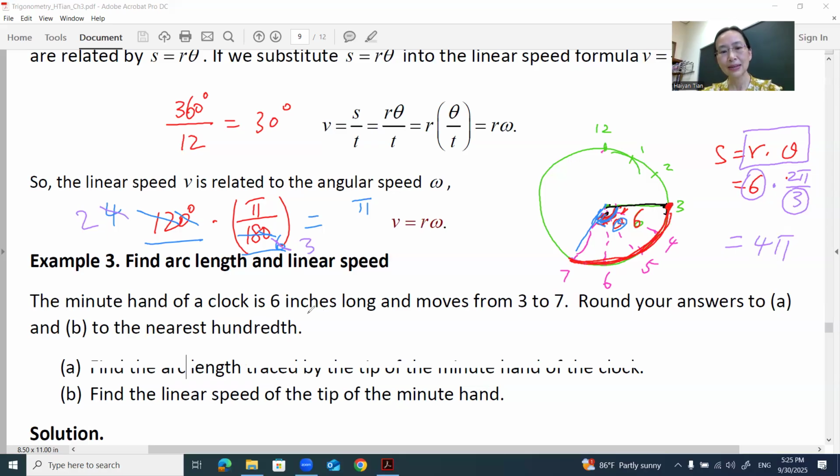4 pi, what is the unit? In inches, right? We can put 4 pi inches. Of course, if you want to know the exact number value, then you can use 3.14 for pi to get the approximate inches. So that is 3.14 times 4, right? So that is how many inches.